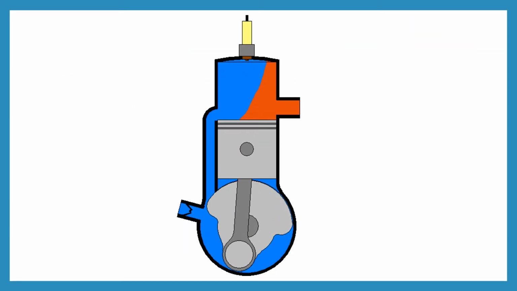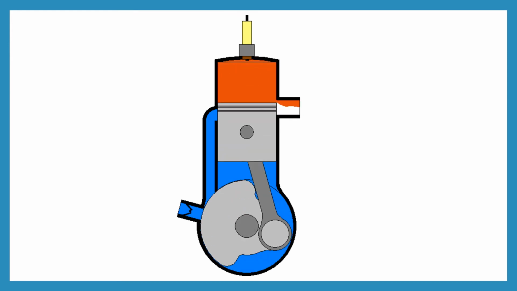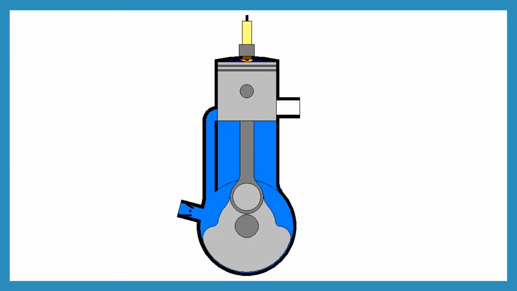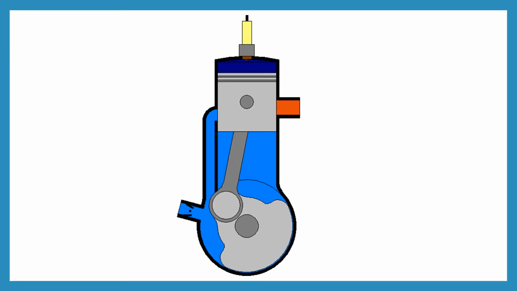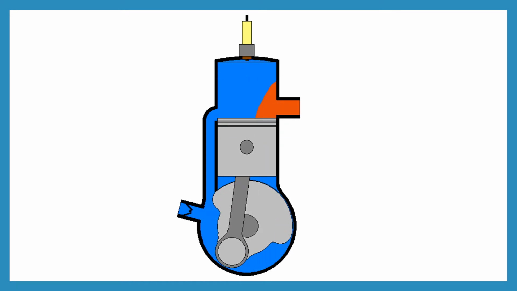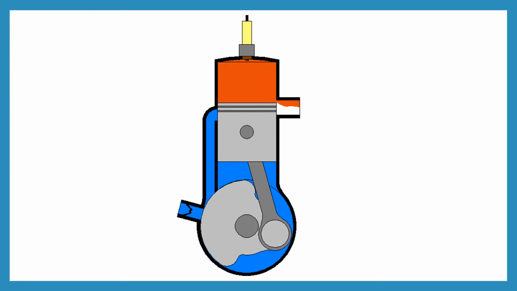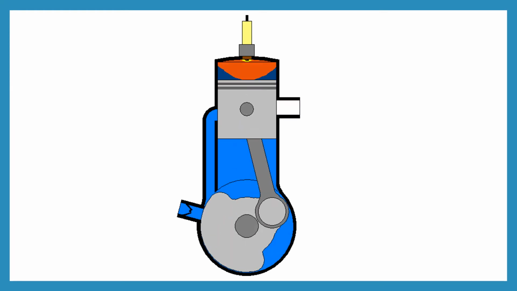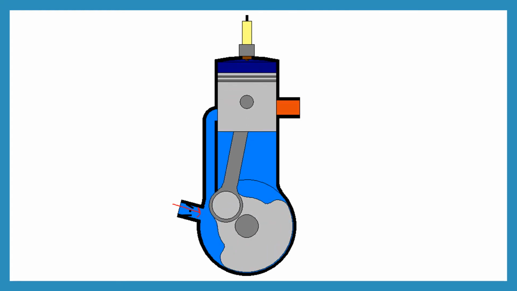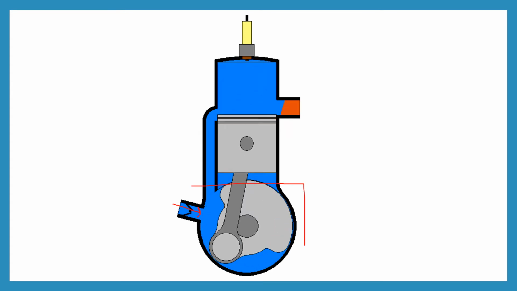Now students, here is the animation of this two-stroke engine. As you can see, the piston first moves upward, and when the piston moves upward, the spring loaded inlet valve is open and the fresh air fuel mixture is introduced inside the crankcase area of the cylinder.